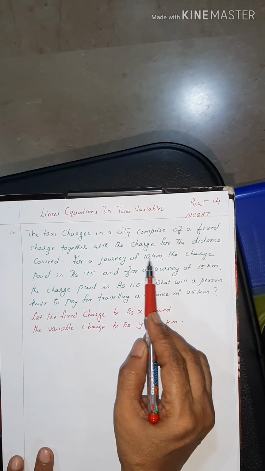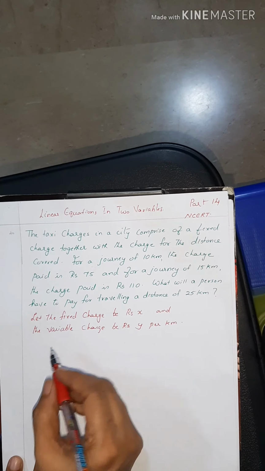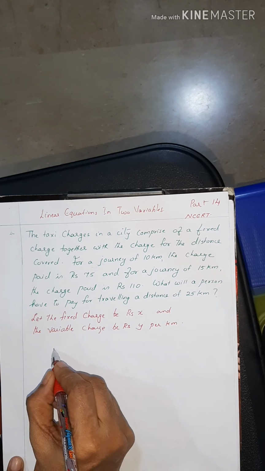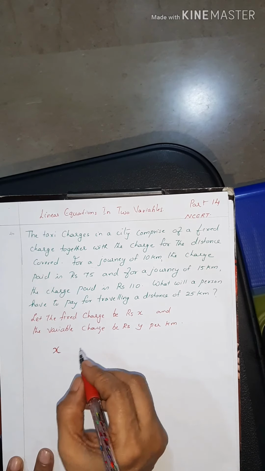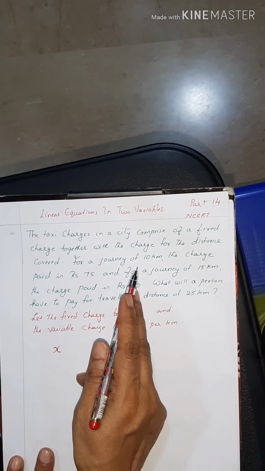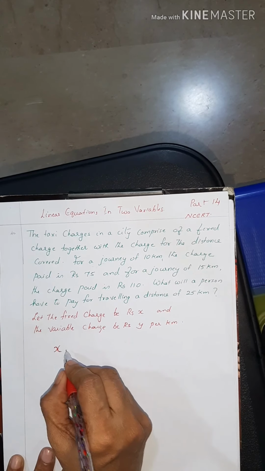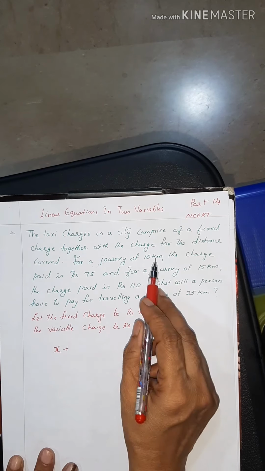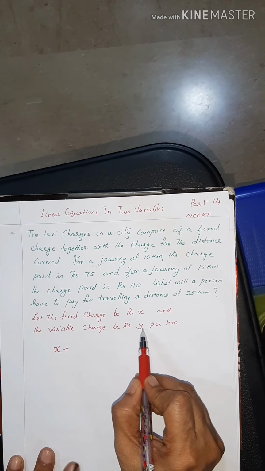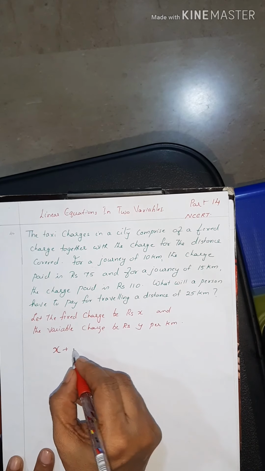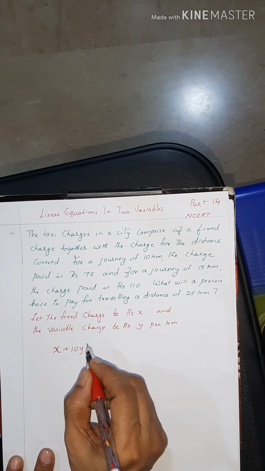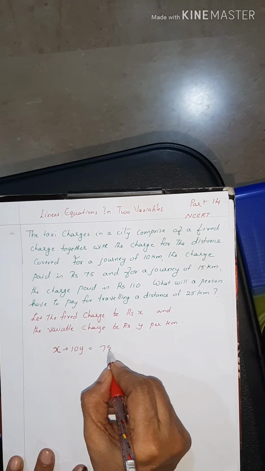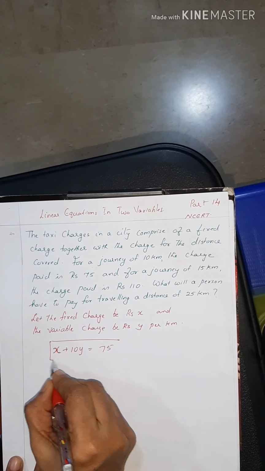So, the first equation will be x plus, the fixed charge is there irrespective of the distance of journey. So, x plus, now 10 kilometers at y rupees per kilometer. For 10 kilometers the total charge will be 10y and this will be equal to 75. So, this is the first equation.